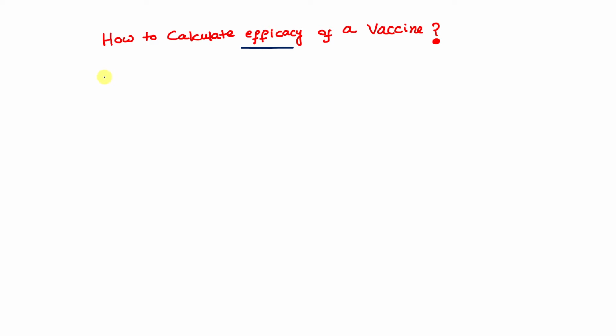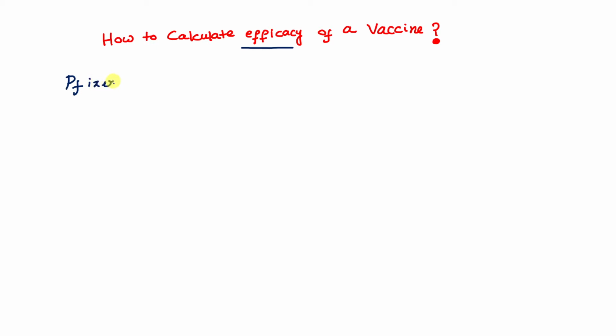There are certain methods applied while calculating the efficacy of any vaccine. So in this video I am going to discuss in a very brief way how you can calculate the efficacy of any vaccine. Now let's take an example of the Pfizer vaccine.